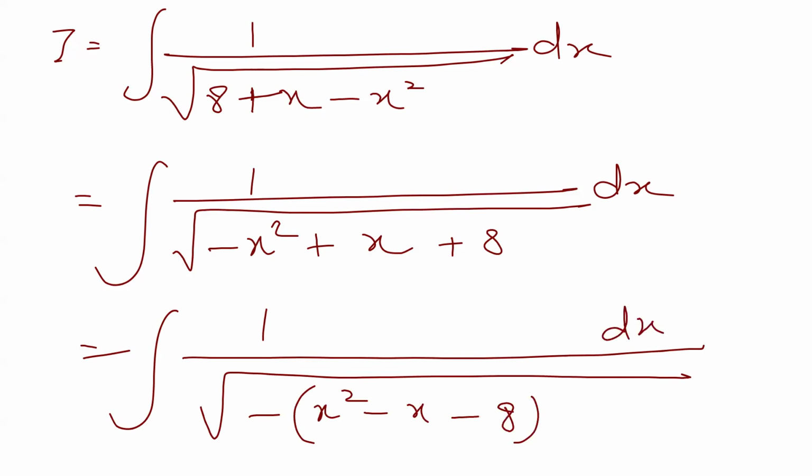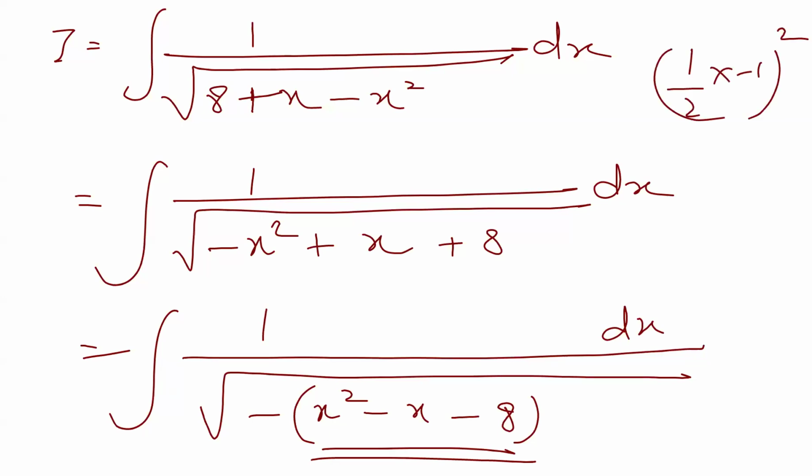First rearrange, put it in a proper order, ax square plus bx plus c. Now the coefficient of x is minus 1. So half into minus 1 the whole square, which is 1 by 2 the whole square. So add 1 by 2 the whole square before minus 8 and subtract it after minus 8.